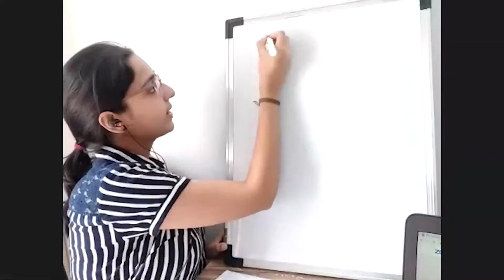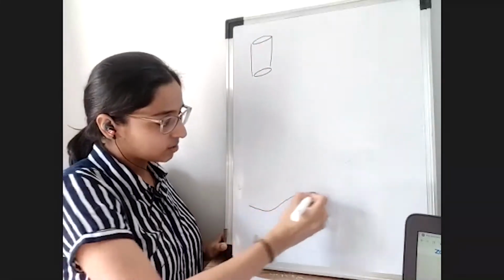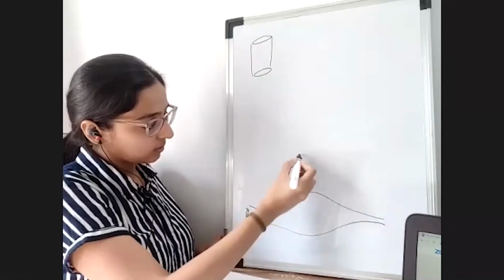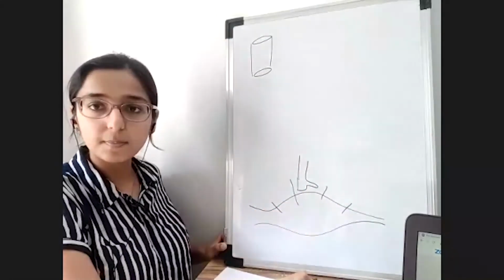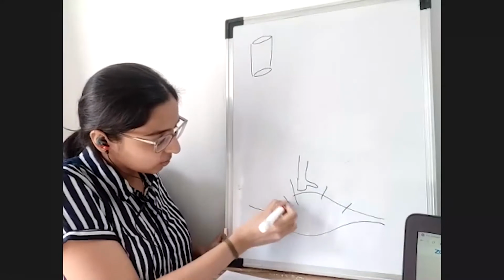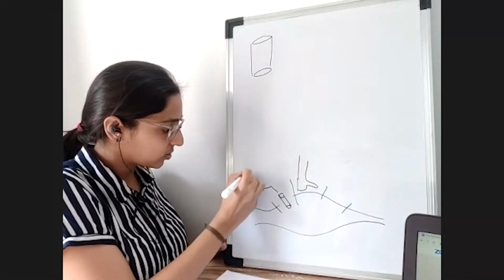Let's draw the structure of the sodium channel again. This is the junctional part, this is the extrajunctional part, and here we have the voltage gated sodium channels.